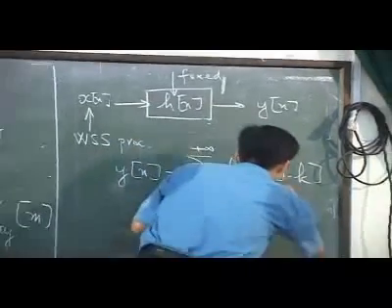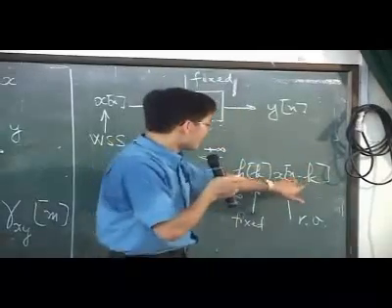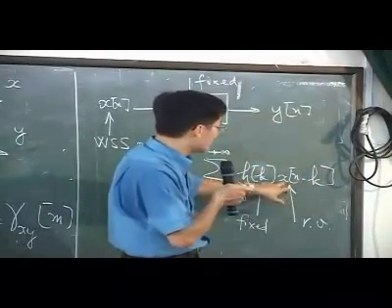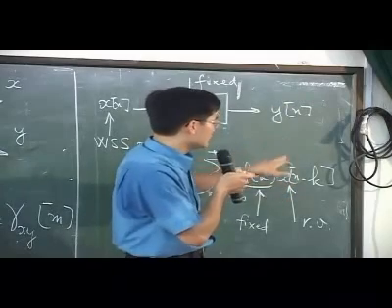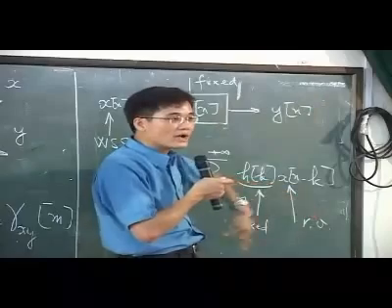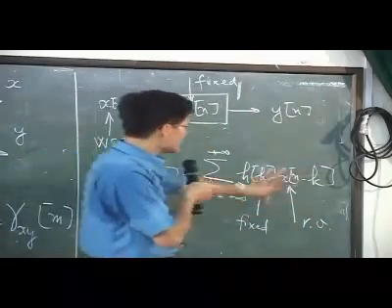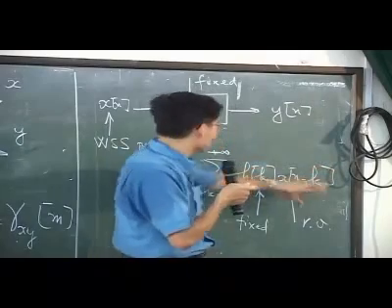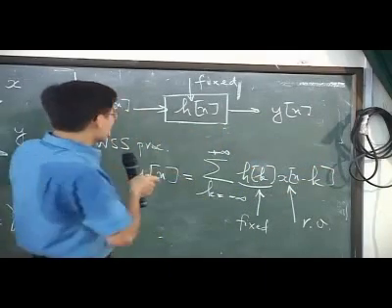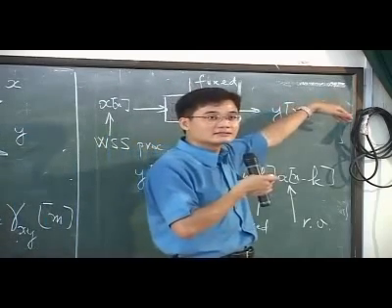But x here is a random variable at every different instant of time. It is not just one realization, but represents many different realizations with random probabilities. So obviously, if this is random, then this output has to be random as well. I put something random in, I get something random out.